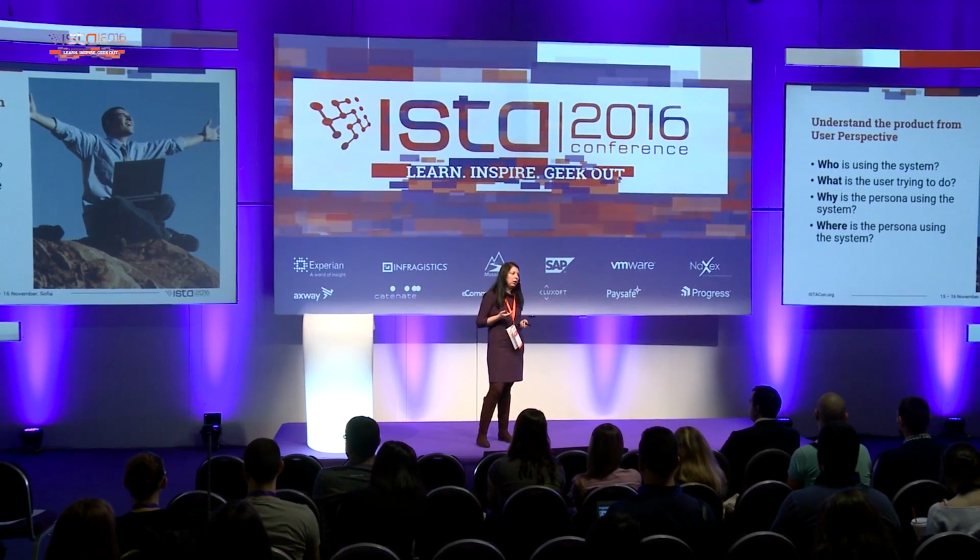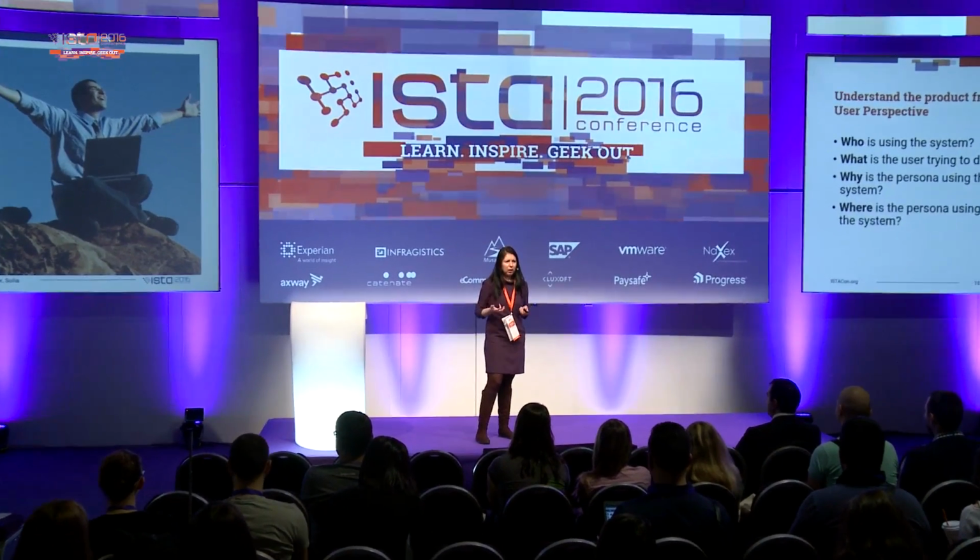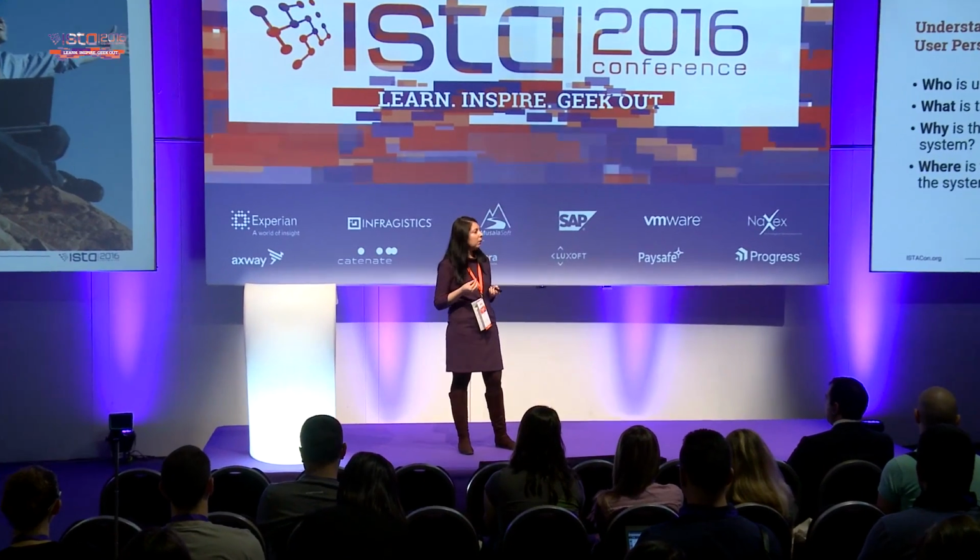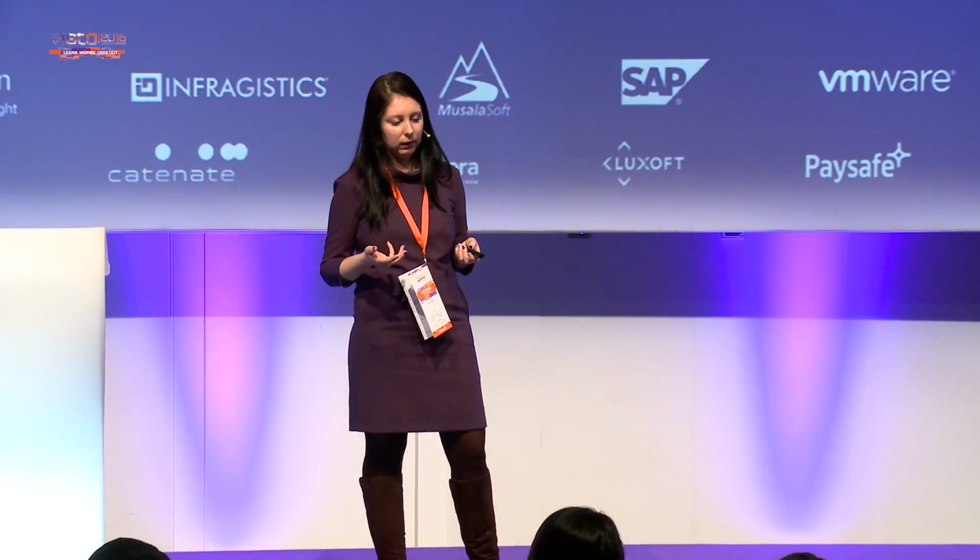What is the user trying to do there? What is his goal? Is it the first time he is using the system, or is it something he's already familiar with? Why is that user using the system? To check his amount. And also, where is the user using the system?